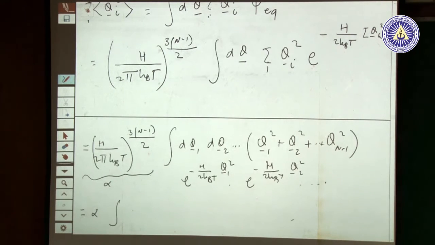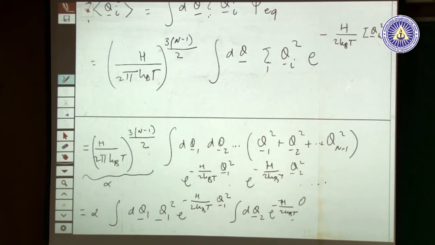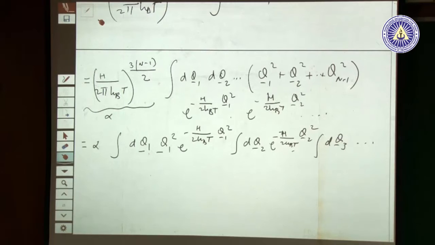So, then let us take dq1, okay, times q1 squared times e to the power of minus H over 2 k_B T q1 squared, right, and then you have to multiply it by all the others, dq2 e to the power minus H over 2 k_B T q2 squared, integral dq3 and so on, and this is only one of the terms plus, right.